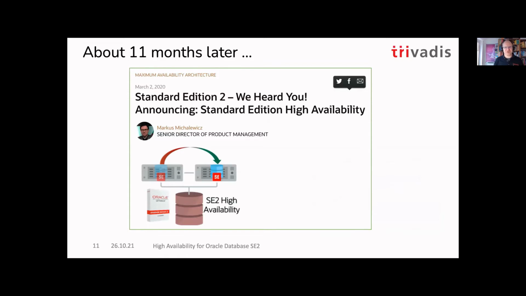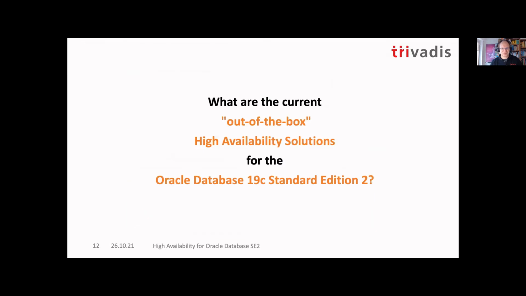Hey, there's a new feature, Standard Edition High Availability, announced in March 2020, and it took some time until the next release update in April for the feature to be available. So they heard the community, and we now come to the topic of this presentation.